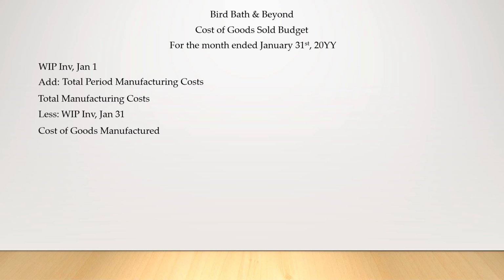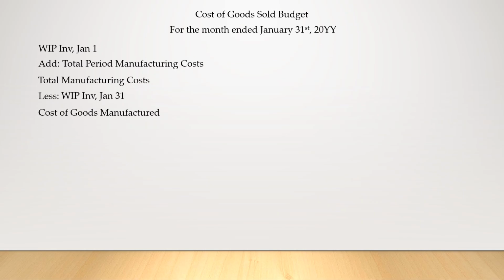This budget is going to be rather sizable, so allow me to slide a little bit of the header off the page to make some room. Our January 1st and 31st work in process inventories are provided in the problem information.